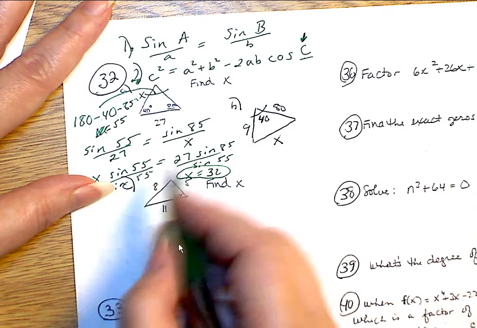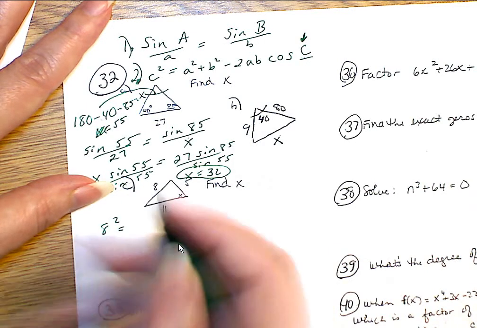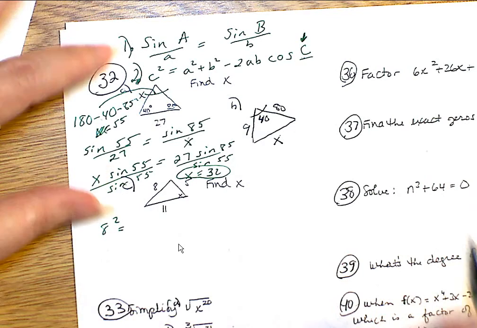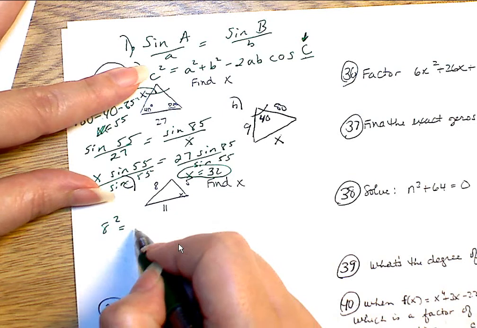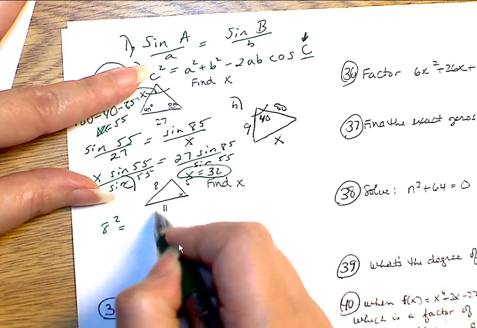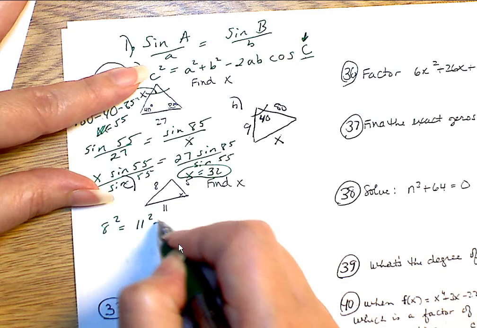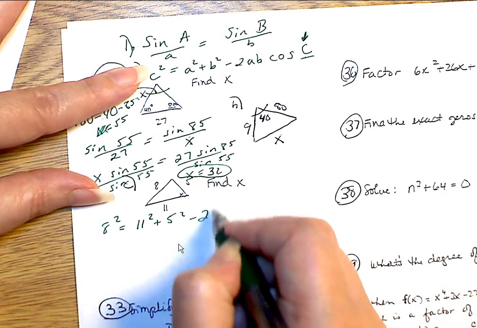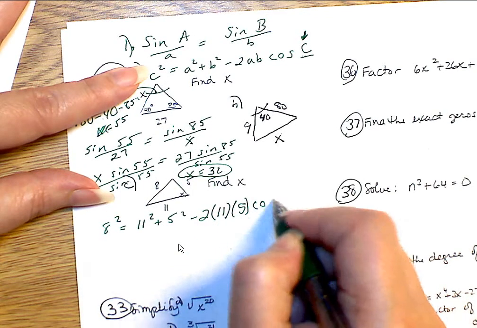So I'm going to go 8 squared is equal to 11 squared plus 5 squared minus 2 times 11 times 5 cosine of x.